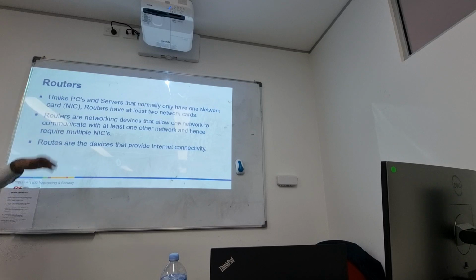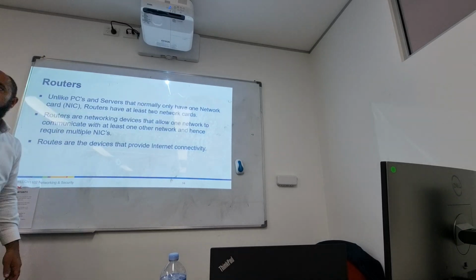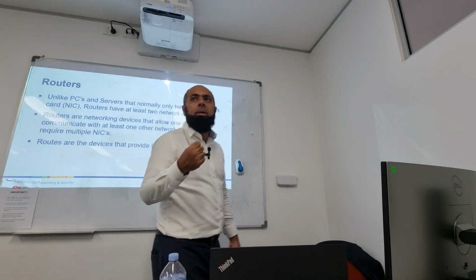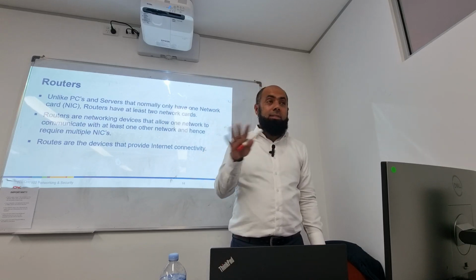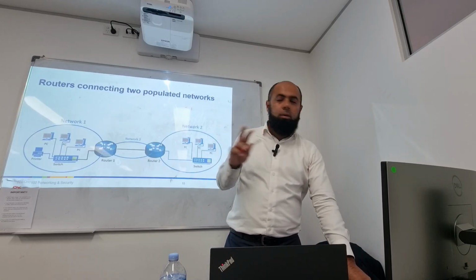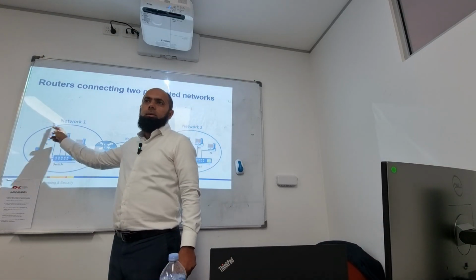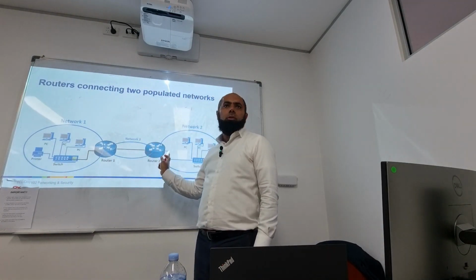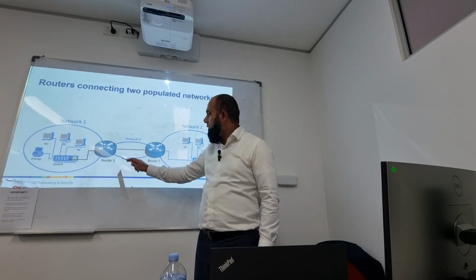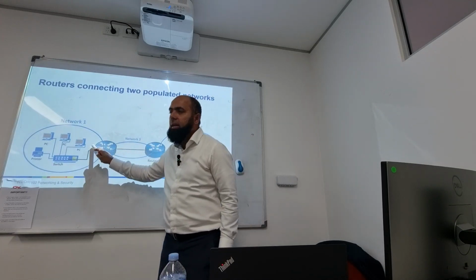Whereas routers have a minimum of two network interface cards. How many? Two, not less than two, always two. Because one is for the inner world and one is connected to the outer world. So you can see one interface card here, one interface card here.